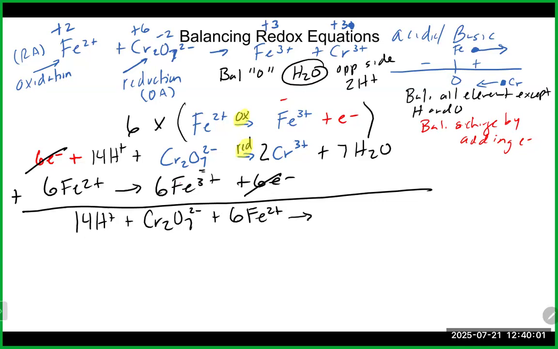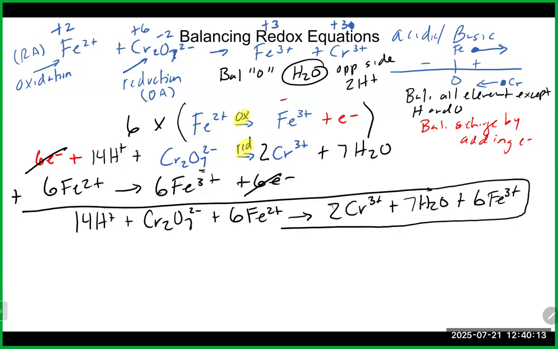Going to my right-hand side here, 2 of the Cr3+, 7 waters, and 6 of the Fe3+. If I did everything correct at this point, this should be the balanced equation in acidic conditions.